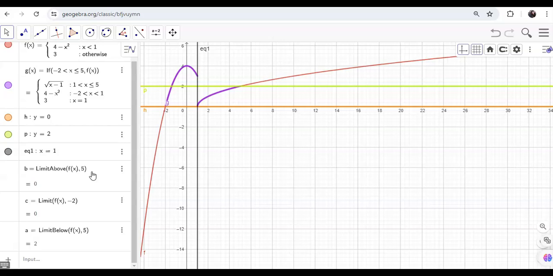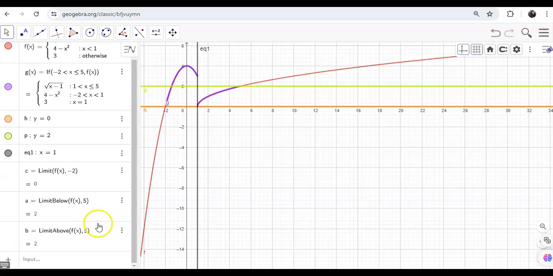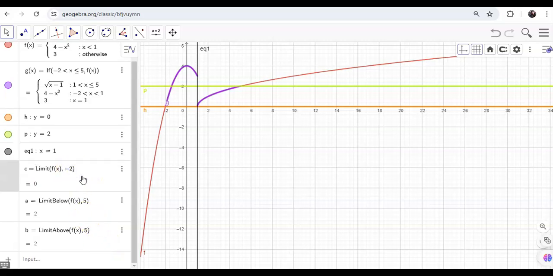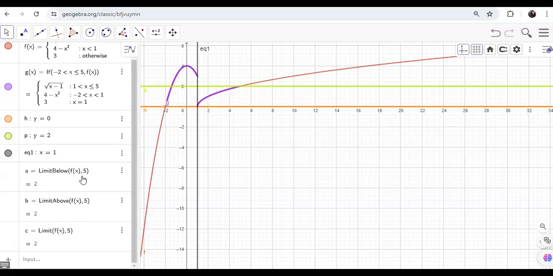So just type here 5, is also equal to 2. So the limit of the piecewise function as x approaches 5 is equal to 2, because the left-hand limit and the right-hand limit of the function as x approaches 5 are equal. So the limit exists and is equal to 2.